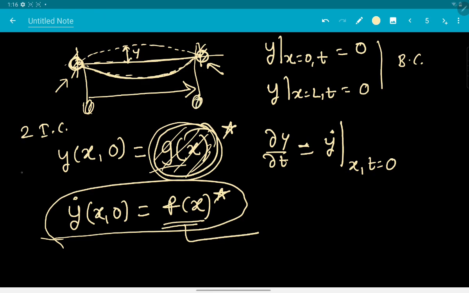So these are two initial conditions. Along with the two boundary conditions, you have in all four conditions, of which two are initial and two are boundary conditions, and this is a typical initial boundary value problem. Now we are done formulating this initial boundary value problem.